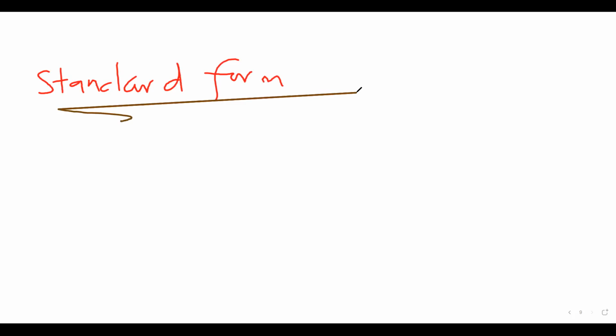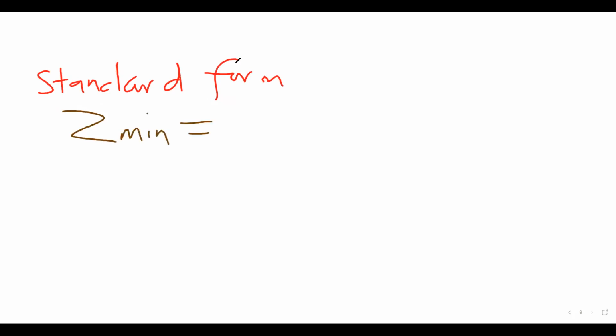So the first thing you're going to do is write the objective in the standard form. So this is the standard form for this cost minimizing situation. So you will have z min equal to, and then of course you know that we have our objective, which should come first.